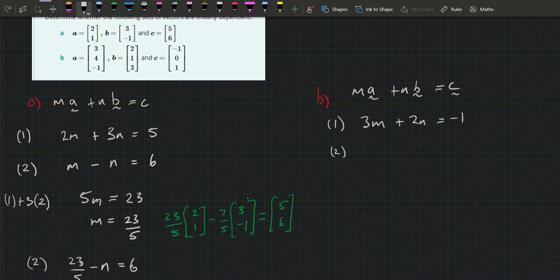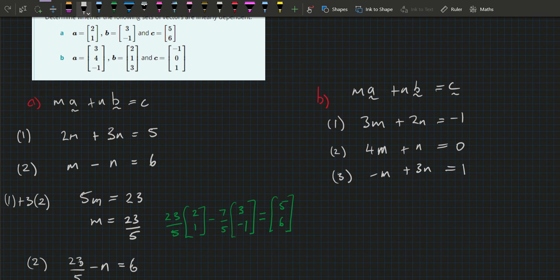Equation 2, 4m plus n equals 0. And equation 3 is minus m plus 3n equals 1.